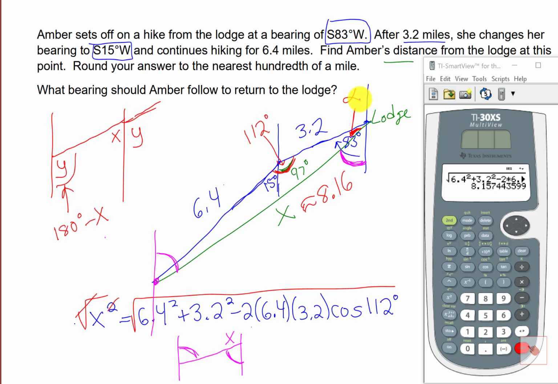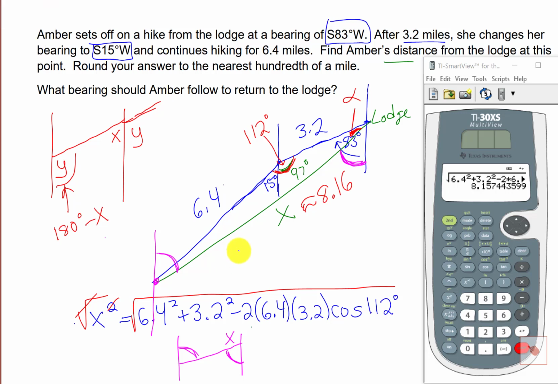And once I know that little angle alpha, I could take the 83 degrees and subtract that alpha, and I would have that one I marked in the hot pink, and that will be the same size as the bearing angle. So let's go ahead and set up a law of sines.